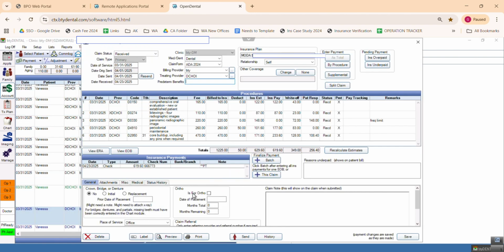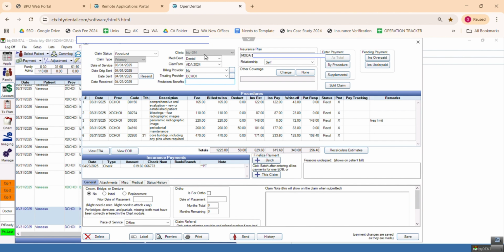If you're going to check the patient's account, let's see how it was entered. If we double check, we can see the pano D0330 has been denied for frequency limitation reason. The total patient's responsibility is $256.40, the total discount is $349, and the total insurance payment is $619.60.